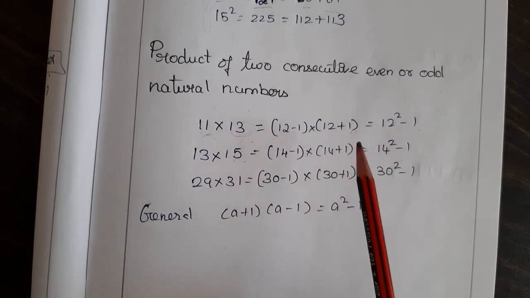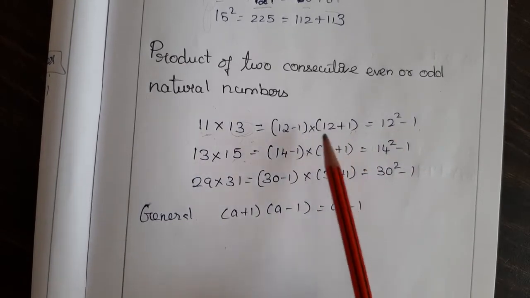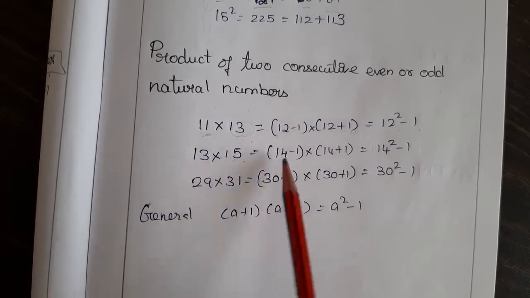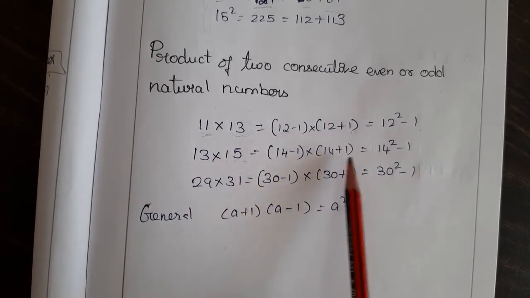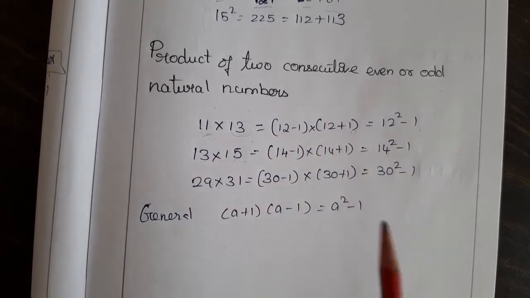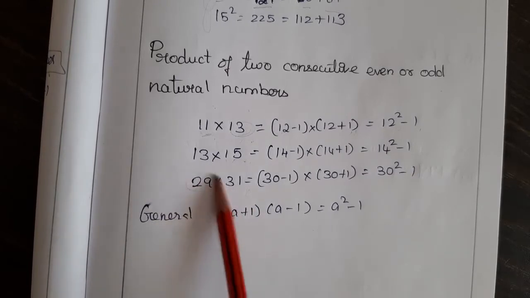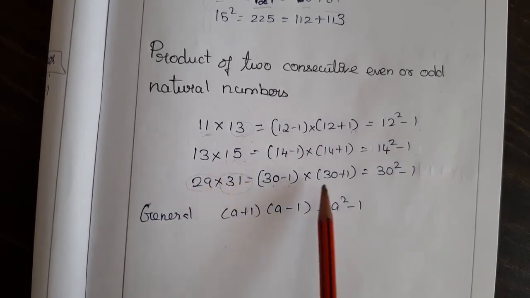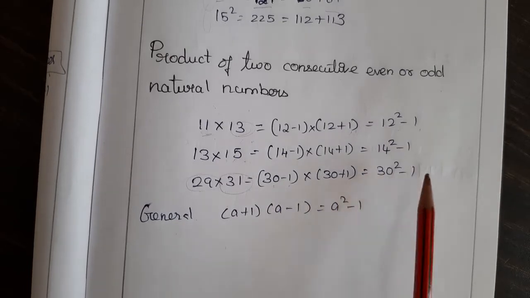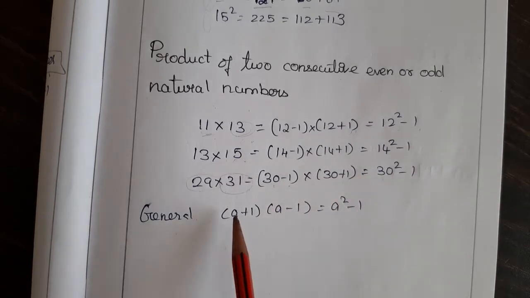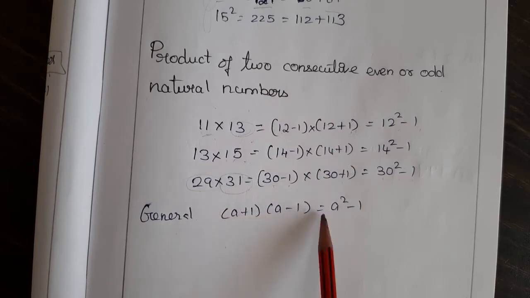These are identities, a square minus b square identities. So 13 into 15 we can represent as 14 minus 1 into 14 plus 1, equal to 14 square minus 1. 29 into 31, 29 we can represent as 30 minus 1, and 31 as 30 plus 1, which is equal to 30 square minus 1. And generally we are considering any number, a plus 1 into a minus 1, that you can say is a square minus 1 square.